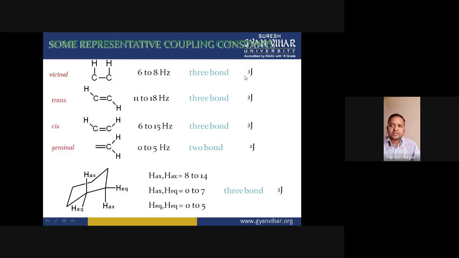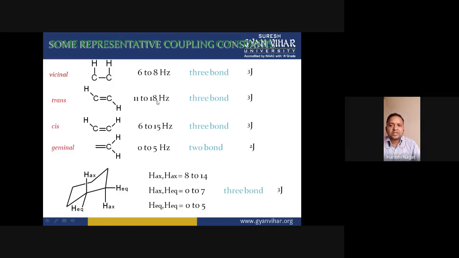A three bond distance is there, so this is called J3. But if these two coupled protons are in the trans position, then the coupling constant value would be 11 to 18 hertz. It is greater than this saturated compound. This is the unsaturated compound.